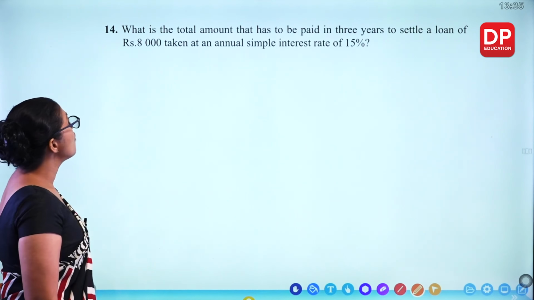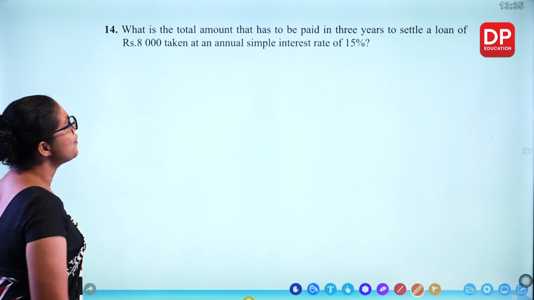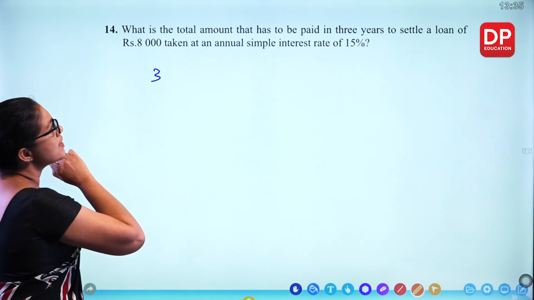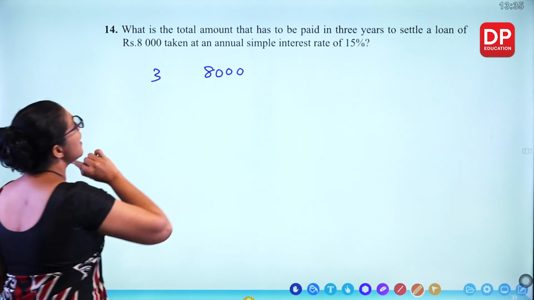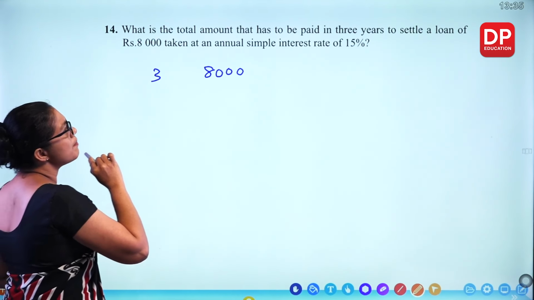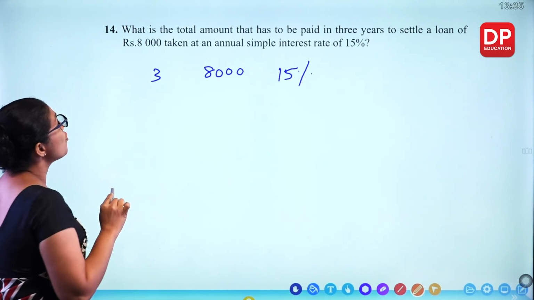Question number 14. What is the total amount that has to be paid in 3 years to settle a loan of 8,000 taken at an annual simple rate of 15%? So total amount.